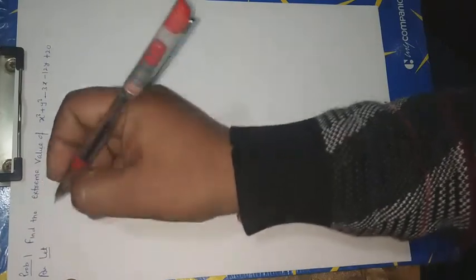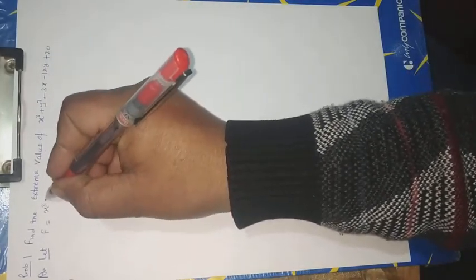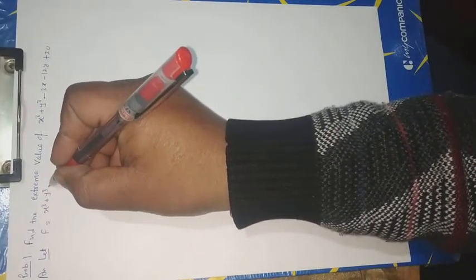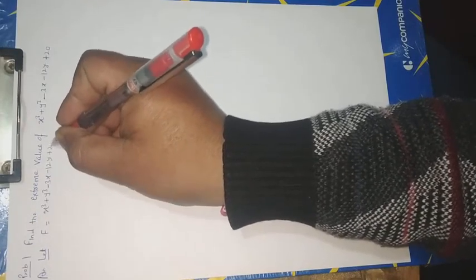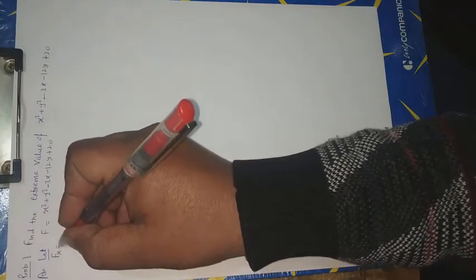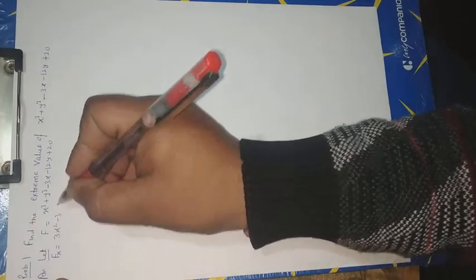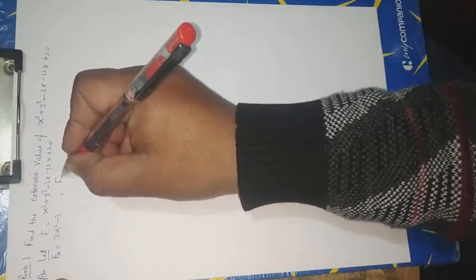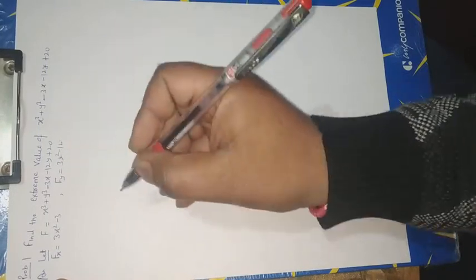Now let us suppose that a function f is x cube plus y cube minus 3x minus 12y plus 20. Now partial differentiation with respect to x is equal to 3x square minus 3. Similarly, partial differentiation with respect to y is 3y square minus 12.